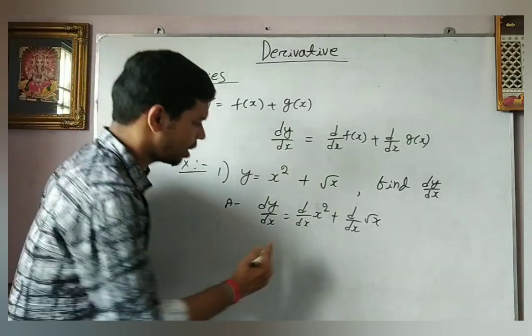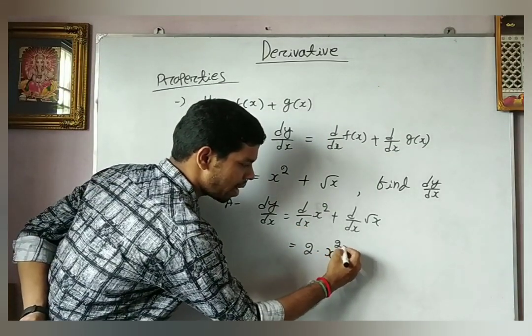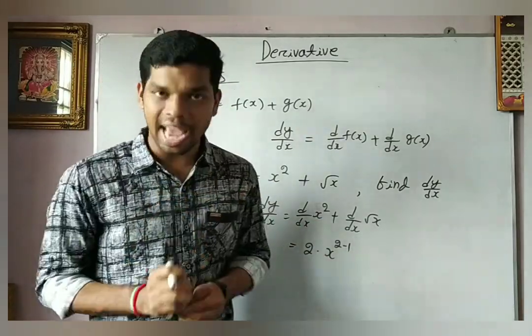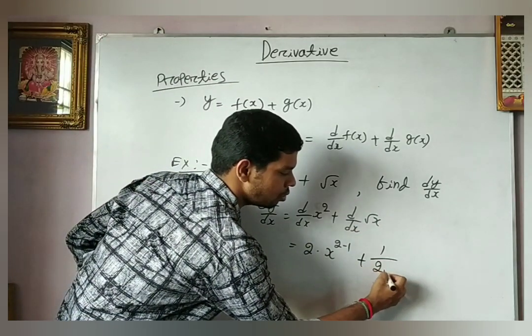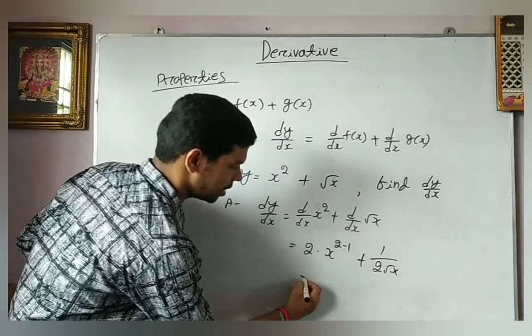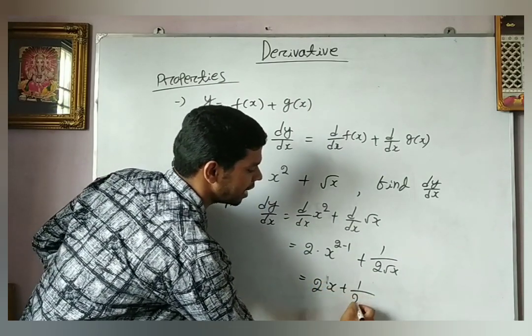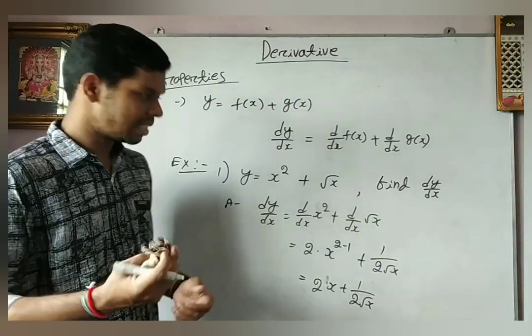It is x square and 2 times x to the power 2 minus 1. Here we have to apply the formula x to the power n, and derivative of root x is 1 by 2 root x. This is equal to 2 times x plus 1 by 2 root x. This is the answer.